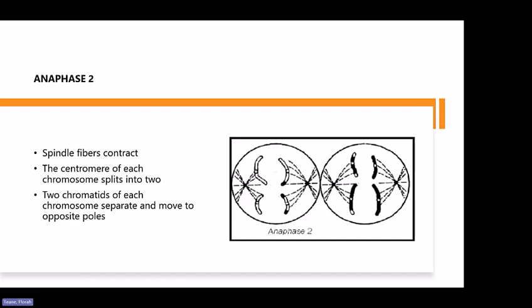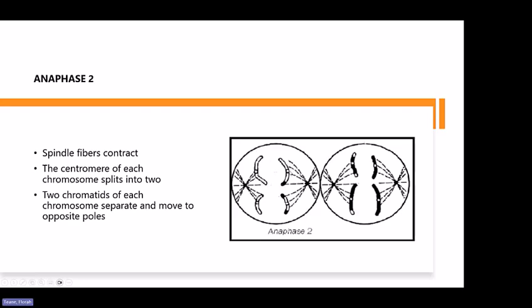Remember what I said earlier on? Each chromosome is formed by two chromatids. So during anaphase 2, the separation is of chromatids and not chromosomes. And how do these chromatids separate?